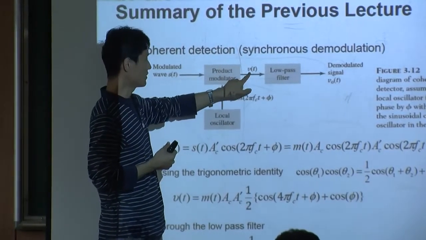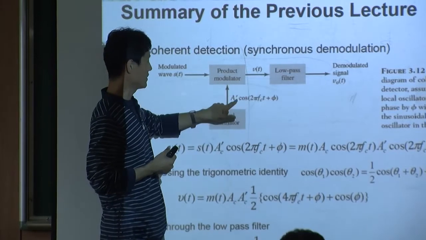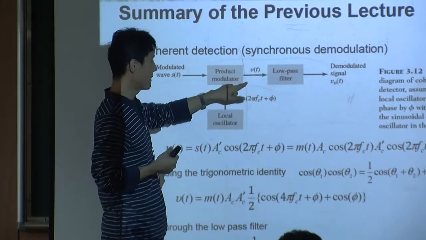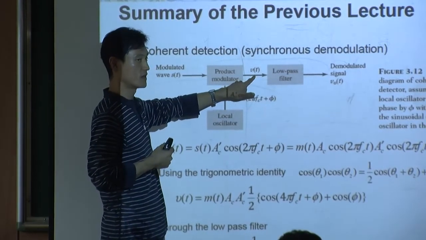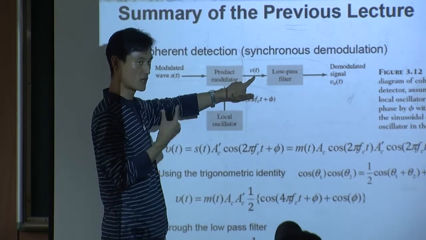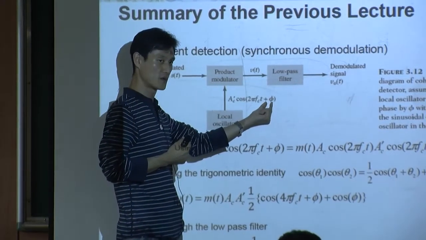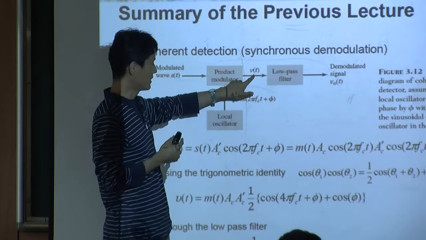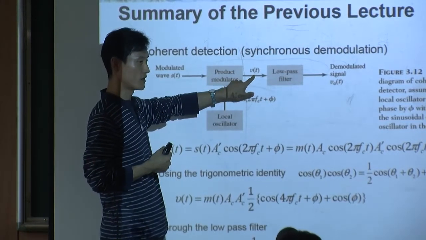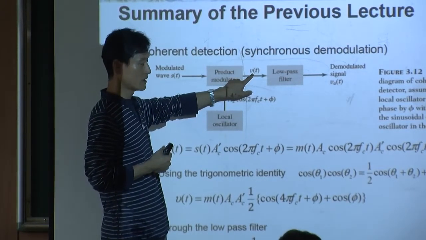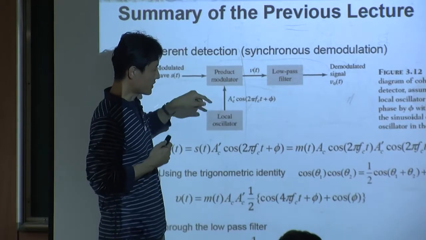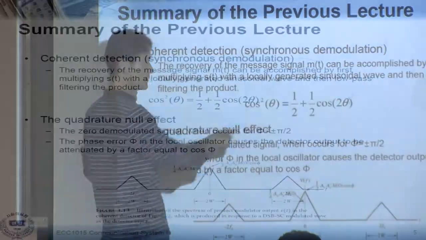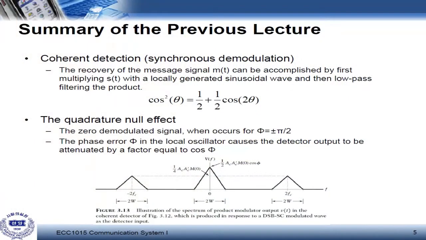So here at v(t), we end up having the message m(t) times cosine squared. I'm talking about when the mismatch is zero. In that case, we have a cosine squared here, right? And cosine squared is basically the same as a DC component plus a cosine of two times the frequency.